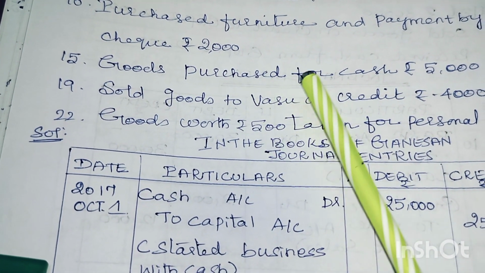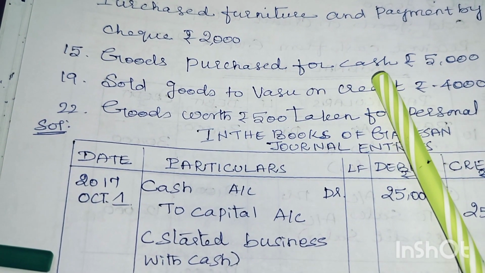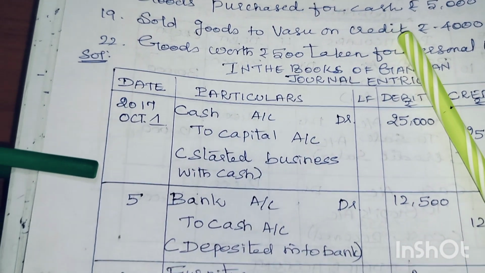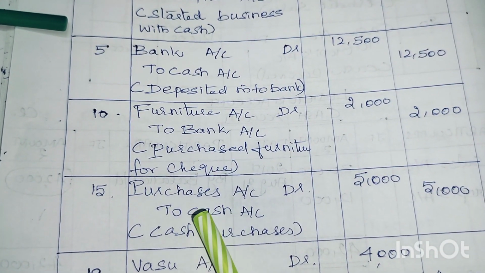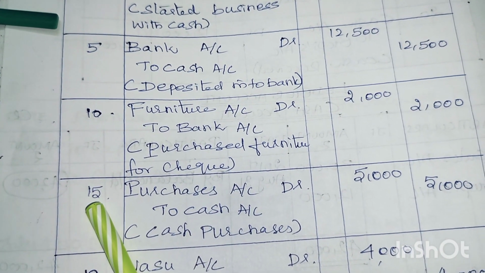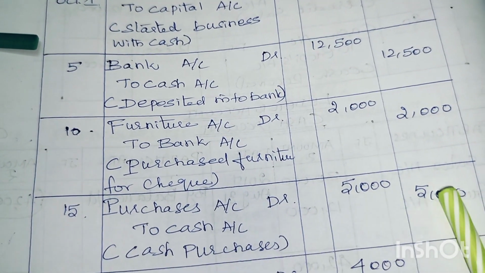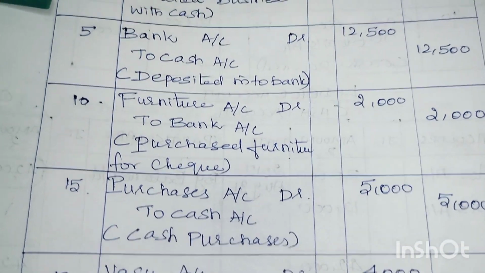You made purchases through cash, so your cash account decreases by 5,000 rupees. Whenever your cash account decreases, you credit your cash account. What is the journal entry? On October 15, purchases account debtor 5,000 rupees to cash account 5,000. The narration is cash purchases.